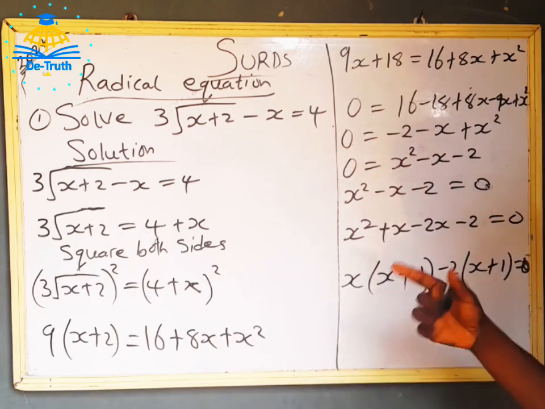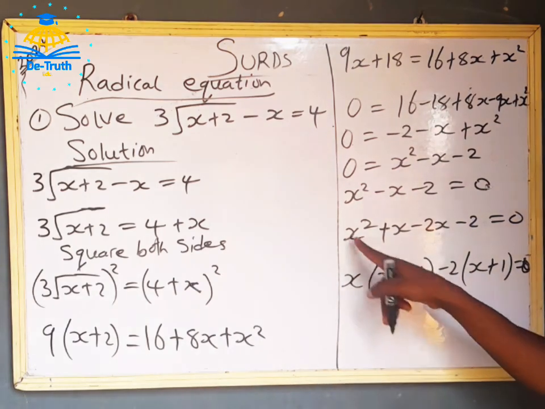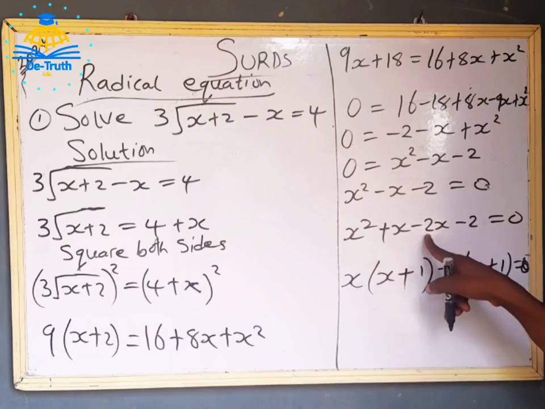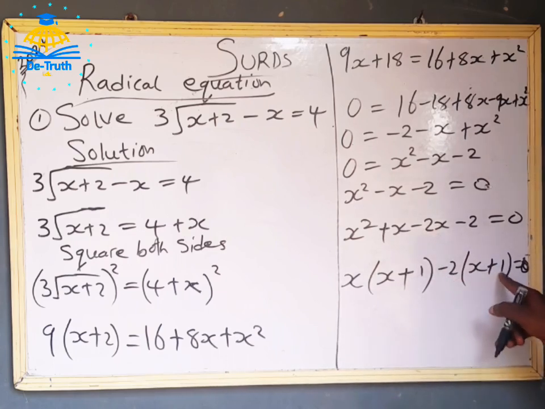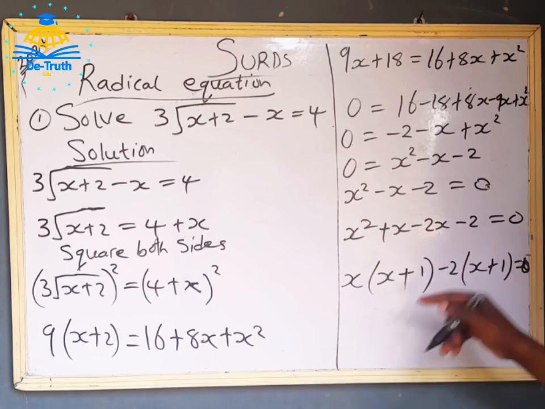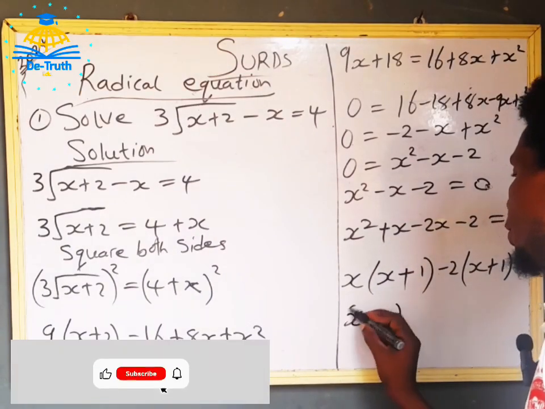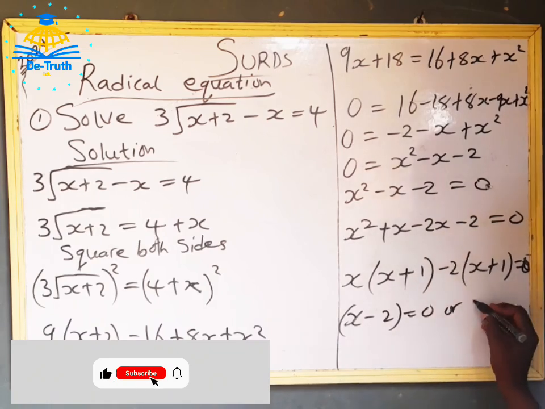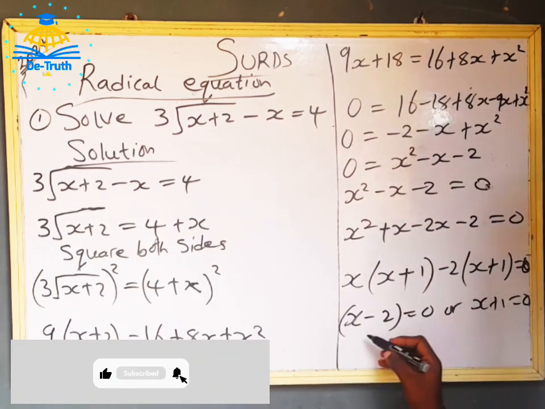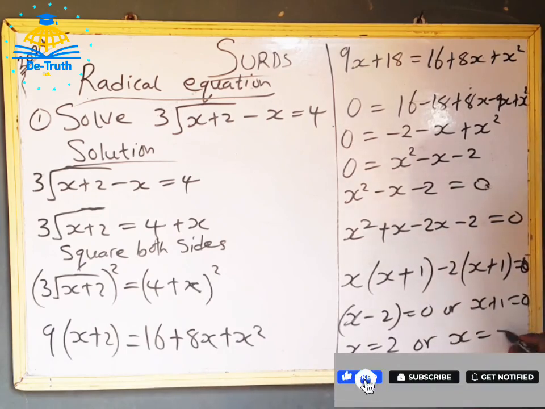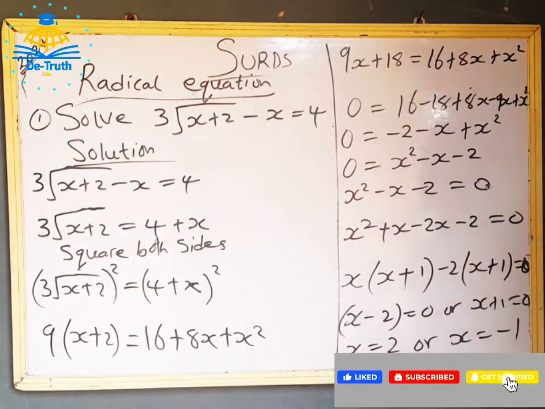Now, the reason why is that x times x is x squared, x times 1 is x, and minus 2 times x is minus 2x. Minus 2 times plus 1 is minus 2. Now, take out the 1. So we have x minus 2 equal to 0, or x plus 1 equal to 0. Therefore, we have x is equal to 2, or x is equal to minus 1. That is our answer.